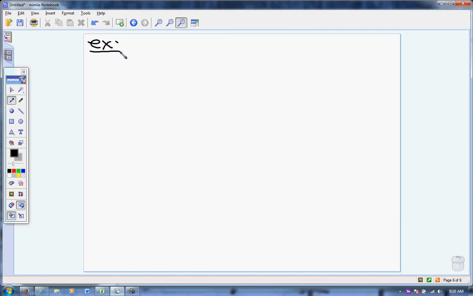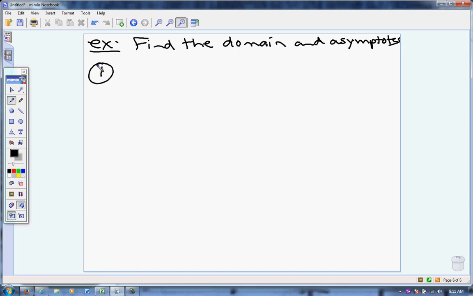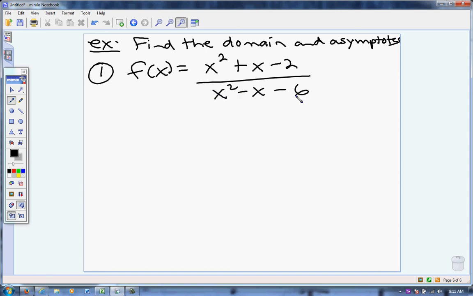Let's say that you are asked to find the domain and the asymptotes. Find the domain and the asymptotes. Let's say that we had f of x equals x squared plus x minus 2 all over x squared minus x minus 6.